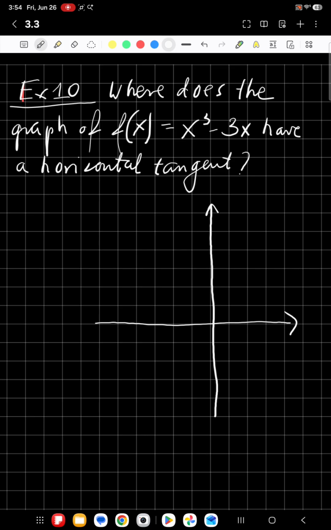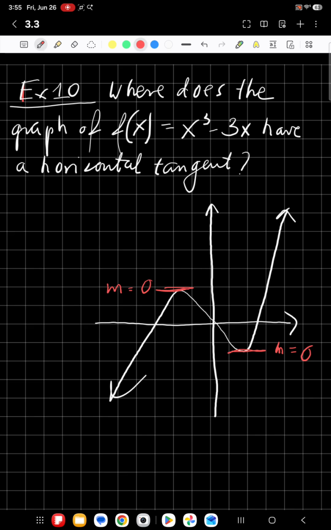Alright, let's look at the graph. It's something like this. It goes down, then goes through the origin, and then down. You see that the horizontal tangents will be in those two spots, and in those two spots the slope will be 0.